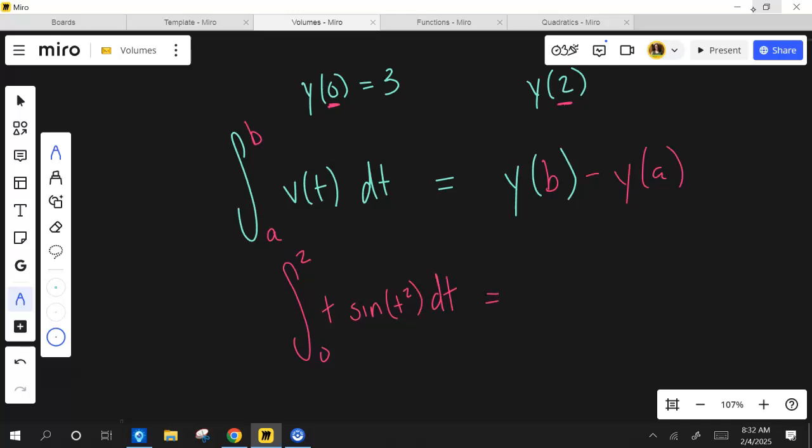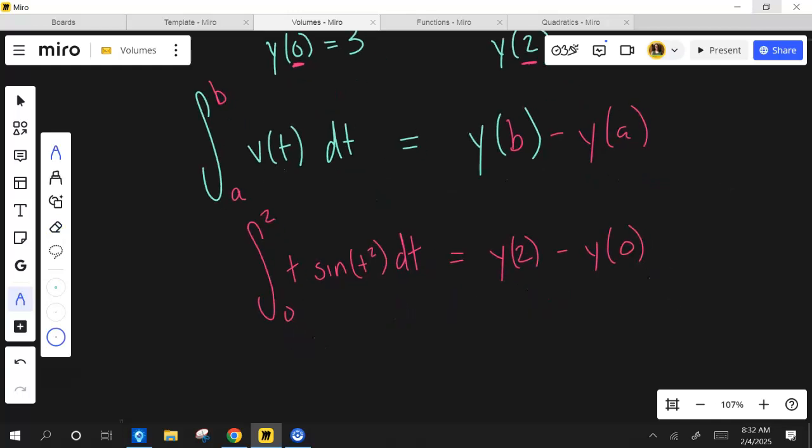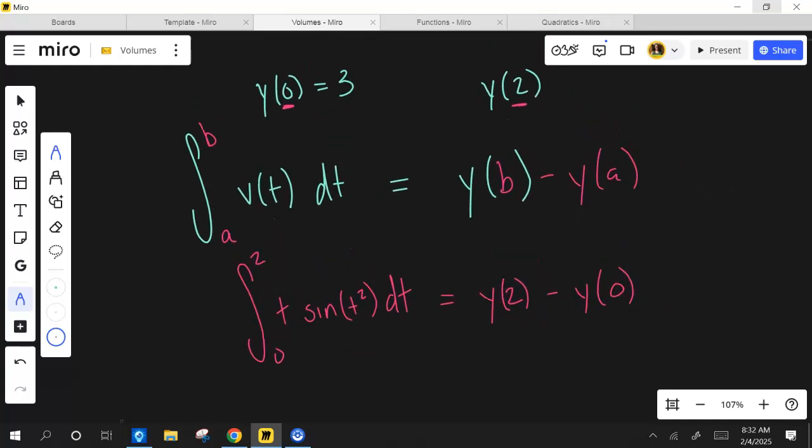But do you agree that this would be y of 2 minus y of 0, or x of, oh, sorry. Do you see what I'm saying here? Because that is the fundamental theorem, yes? X is the same thing as S, Y is the same thing as S or X, whichever.